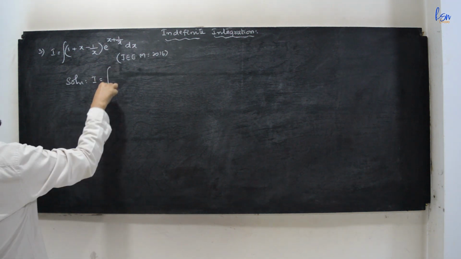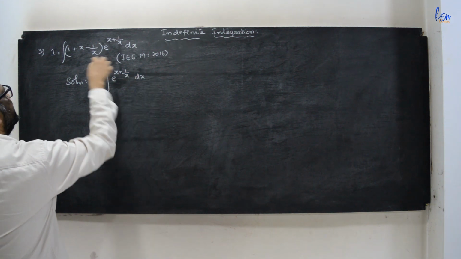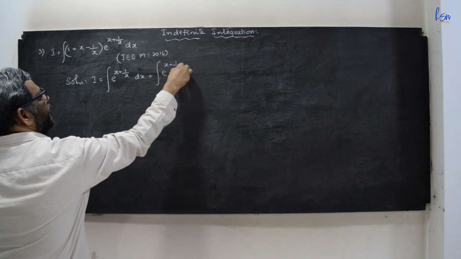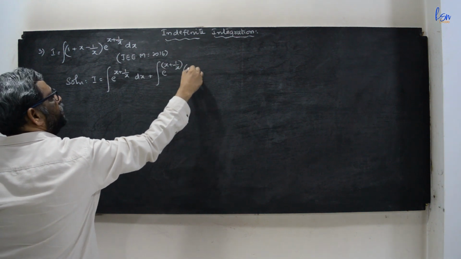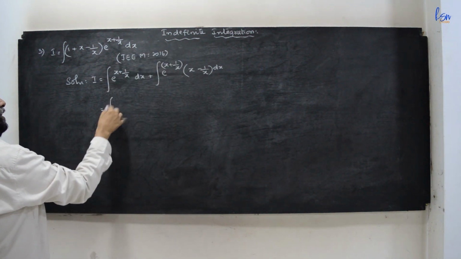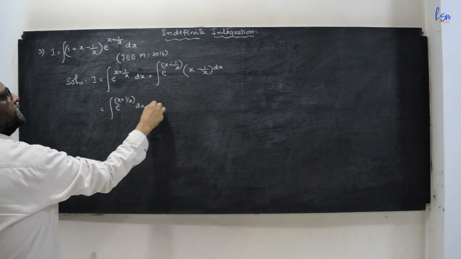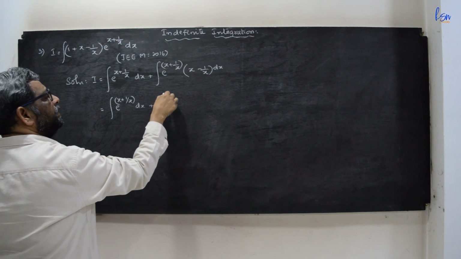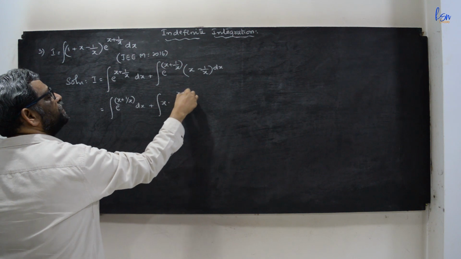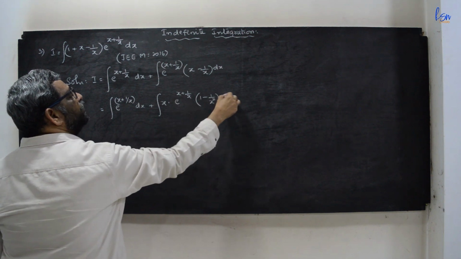This I will write as the integral of e to the power of (x plus 1 by x) dx plus the integral of e to the power of (x plus 1 by x) into (x minus 1 by x) dx. This can be written as the integral of e to the power of (x plus 1 by x) dx plus, taking x common, x into e to the power of (x plus 1 by x) into (1 minus 1 by x square) dx.